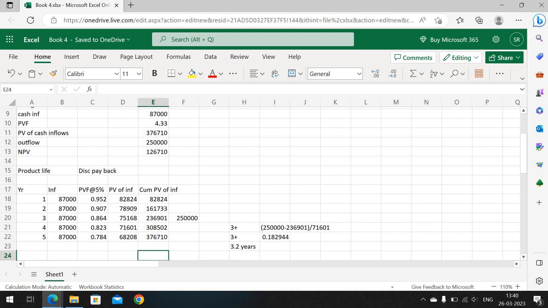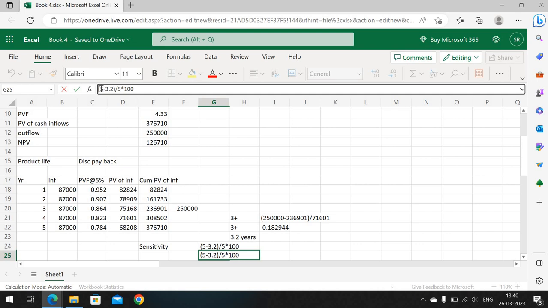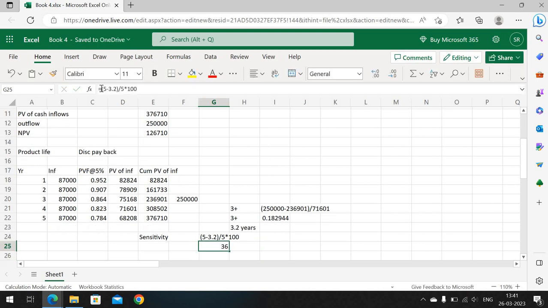So sensitivity is: 5 years is our lifetime, so 5 minus 3.2 divided by 5 years into 100. So 36% is the sensitivity to product life.